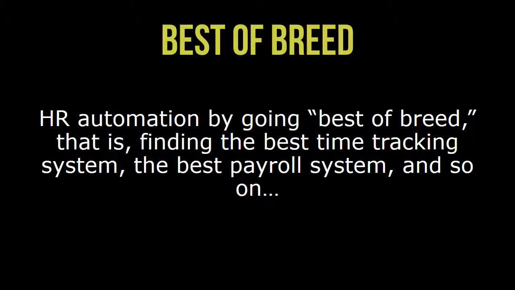Let's discuss these types of solutions and the pros and cons of using multiple applications and technical infrastructure. In general, an architecture that combines products from multiple vendors is called best of breed, or BOB. HR automation by going best of breed, that is, finding the best time tracking system and the best payroll system, and so on, is a great example of BOB.